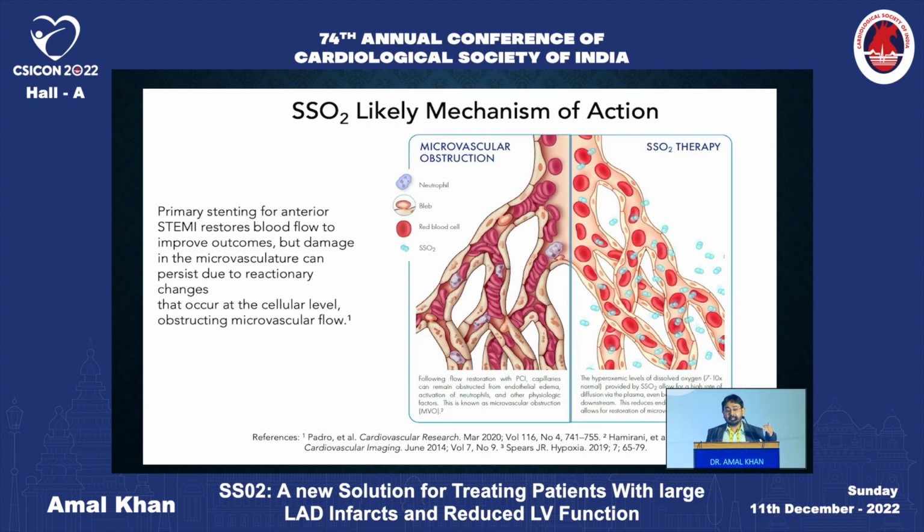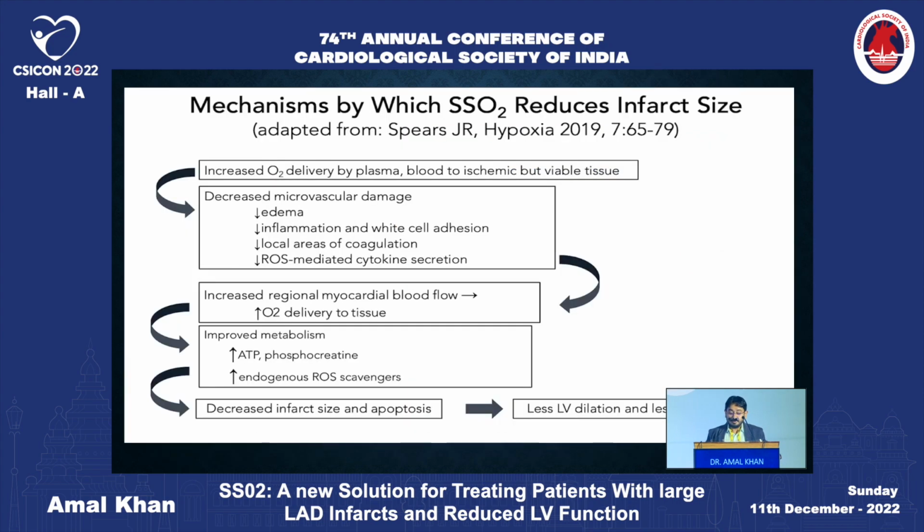Normally it leads to an arterial oxygen tension of 900 millimeters of mercury. For diffusion, it provides a very high rate of diffusion via the plasma even before the flow is restored downstream, and thus it reduces the endothelial swelling and allows for restoration of microvascular flow.